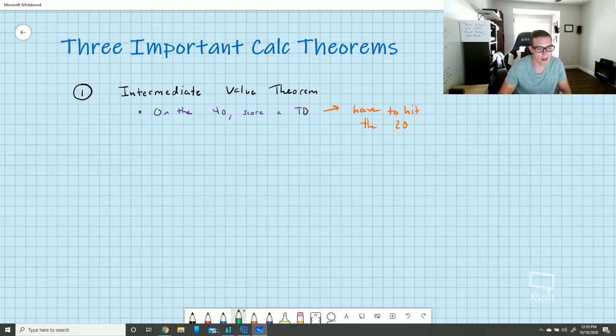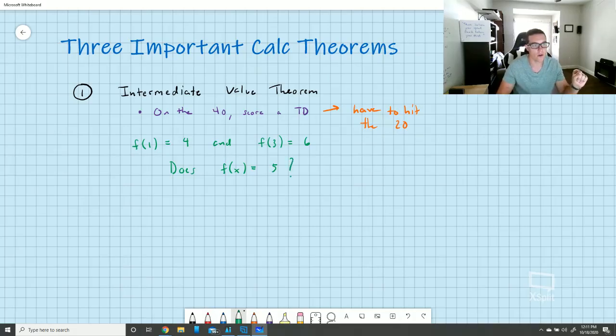So a more mathematical way of thinking about this is, and we'll keep it with specific examples for now. If you have some function and you know f of 1 equals 4 and f of 3 equals 6, does the function ever equal 5?